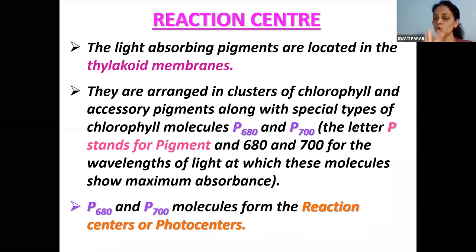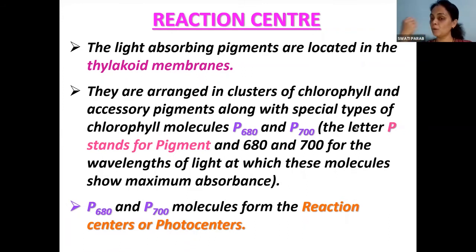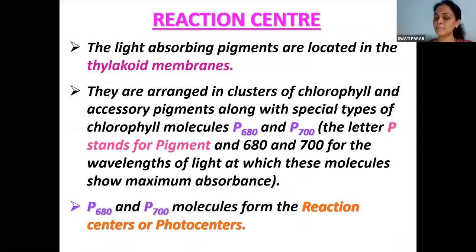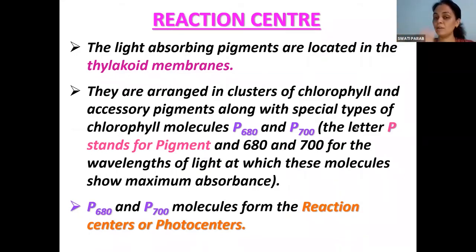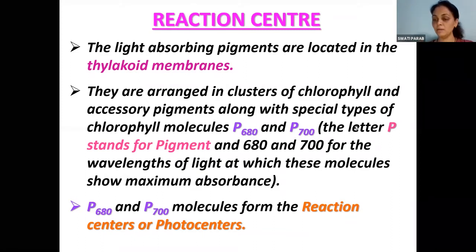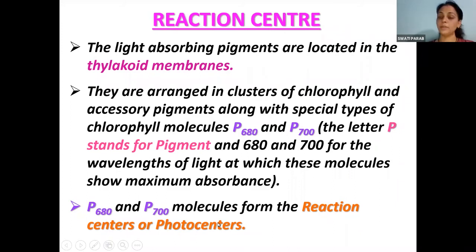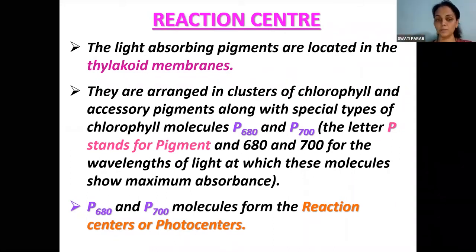Getting? The one that absorbs light of 700 wavelength is the P700 chlorophyll molecule, and the one that absorbs 680 wavelength will be the P680 chlorophyll molecule. Is it clear? So it depends upon the wavelength of light trapped by these chlorophyll molecules.